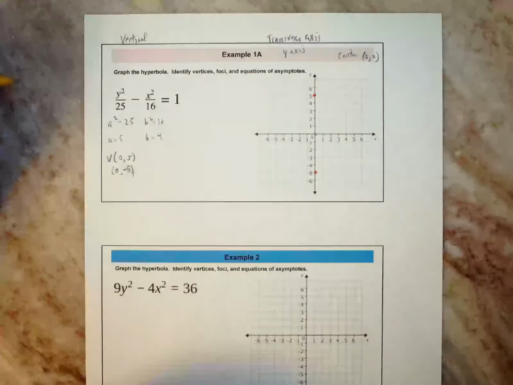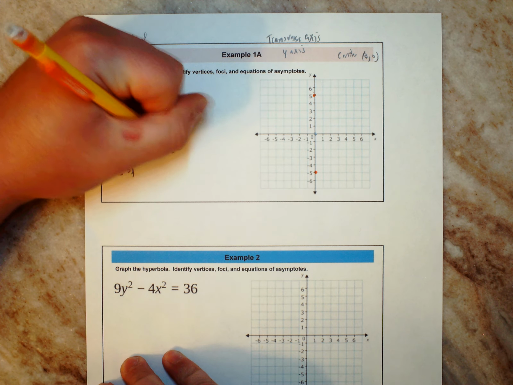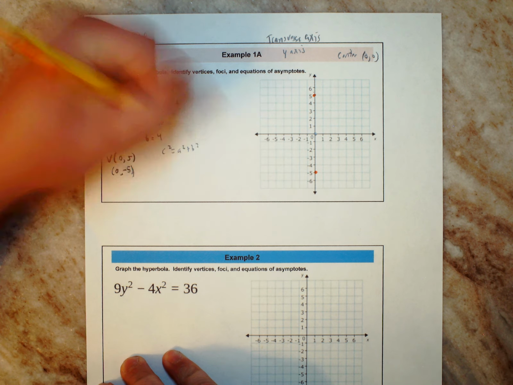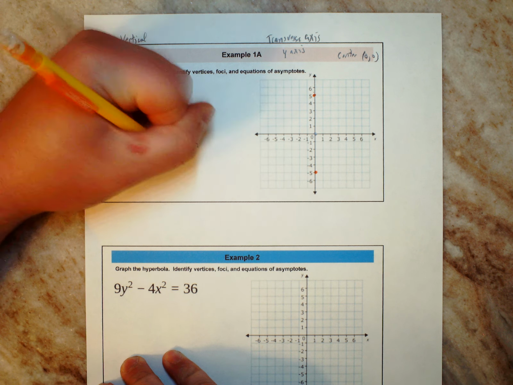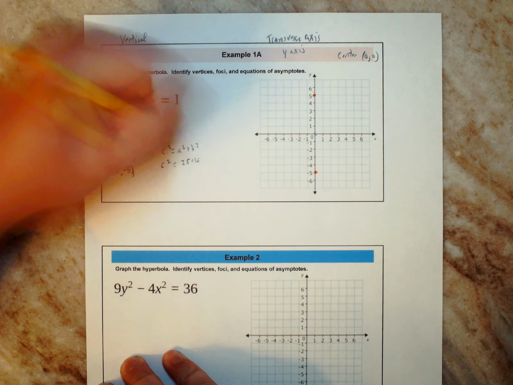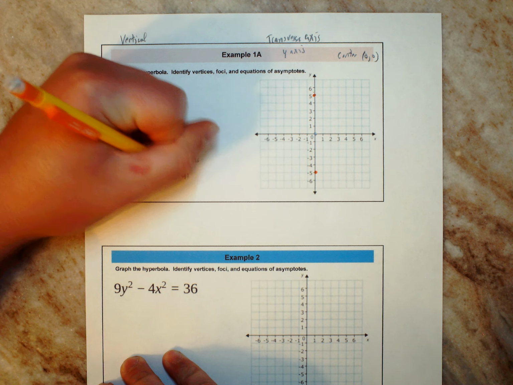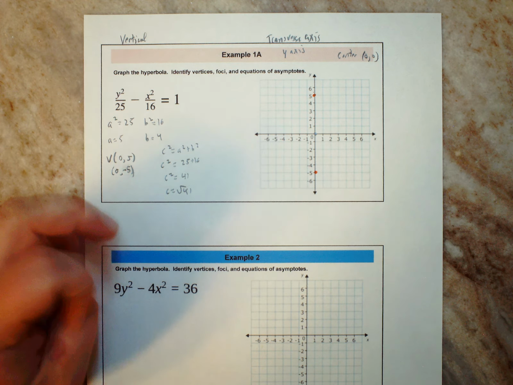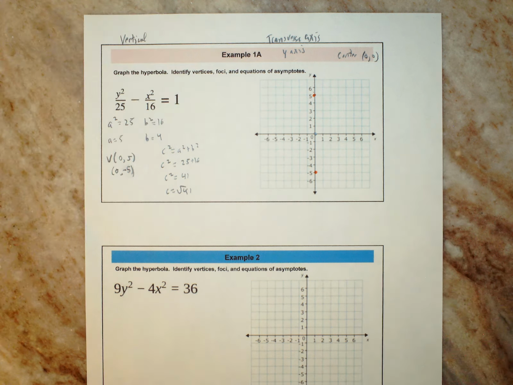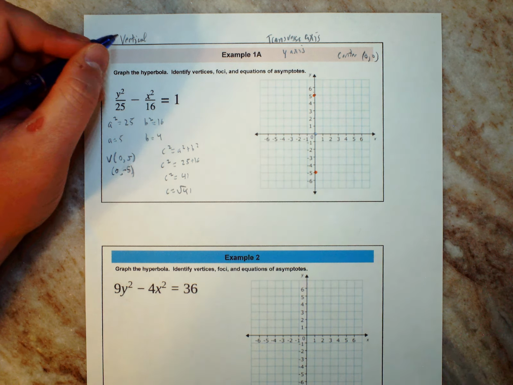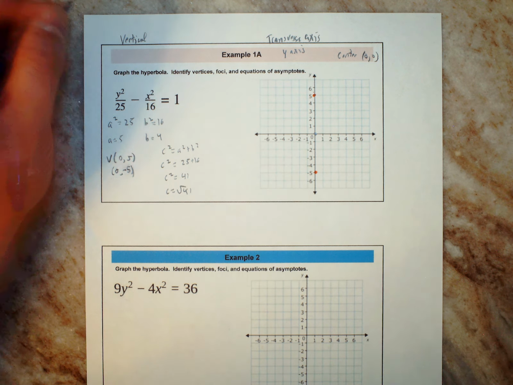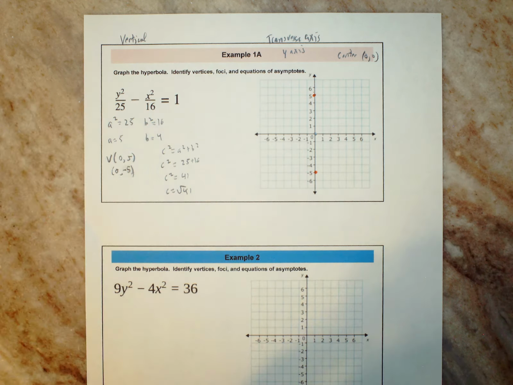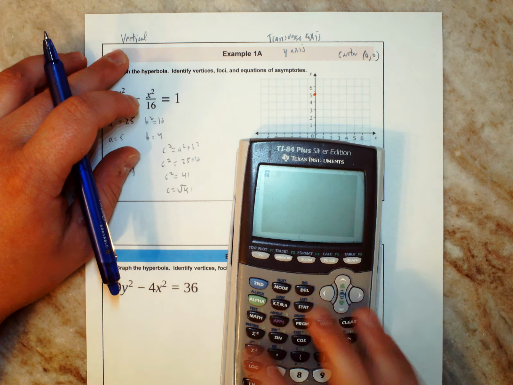The equation I use for the foci is c squared equals a squared plus b squared. So c squared equals 25 plus 16. C squared equals 41. So c equals root 41. If you're not sure what to do with root 41, all you're going to do is grab your calculator and type in square root of 41.